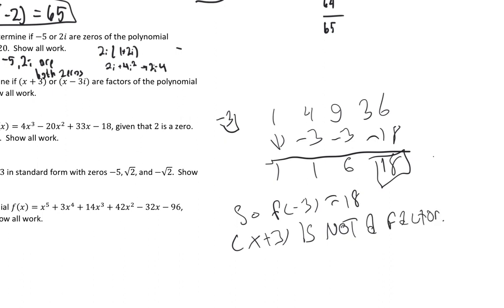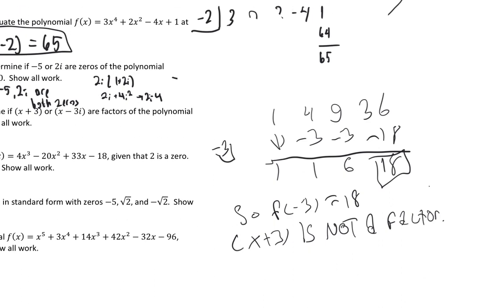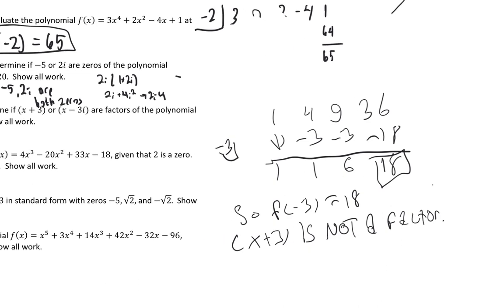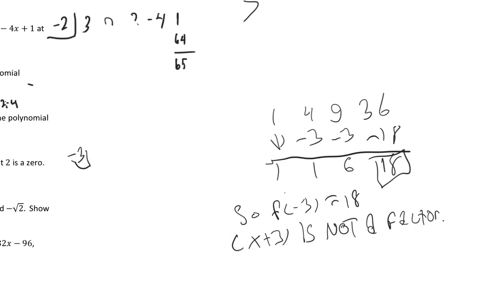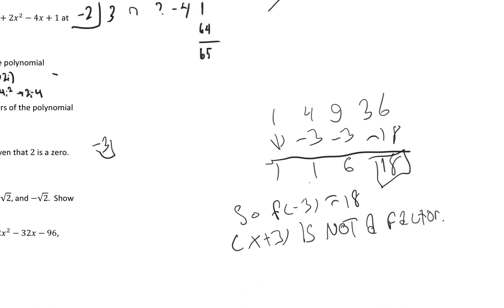Now we're going to do the same thing with -3i. If I can figure out how to move this. One sec. Okay. That's what I'll move. I think it's limited to the space I have.